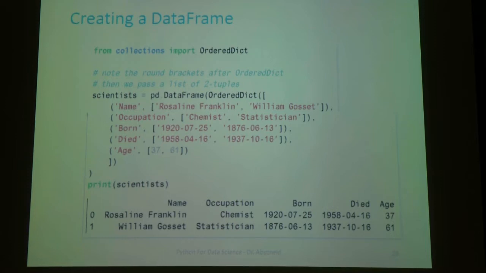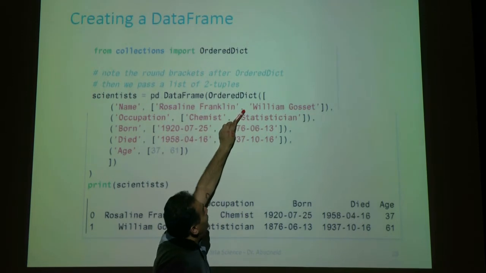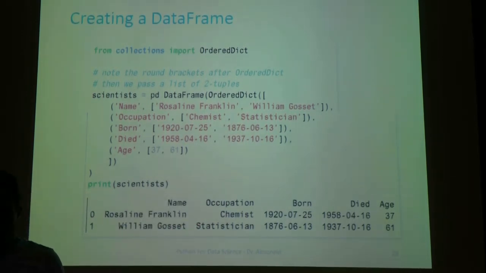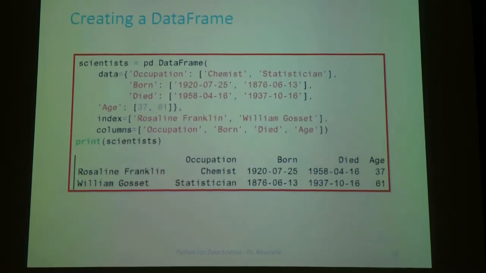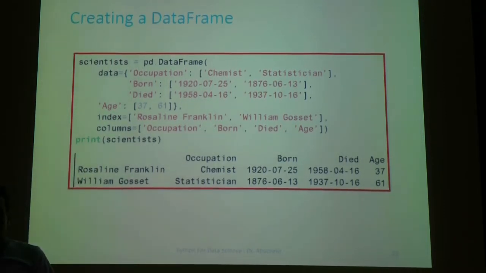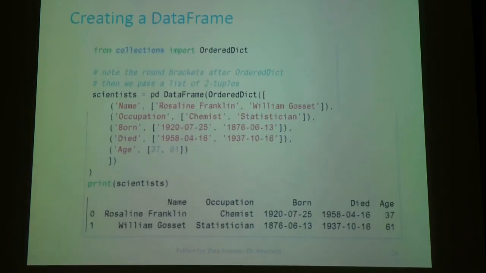Then you call the ordered dictionary when you create the data frame and it will be ordered. Or much simpler, why import another library? Just use the columns in here. It will put the columns in order for you. Just be careful about this.